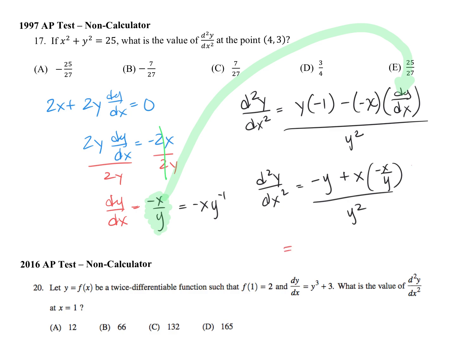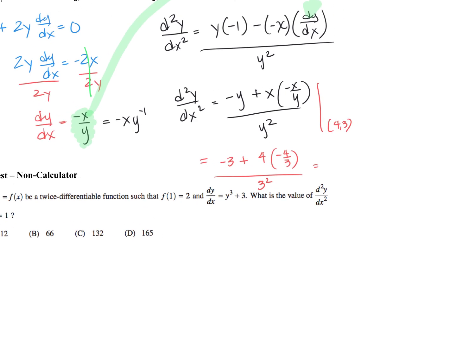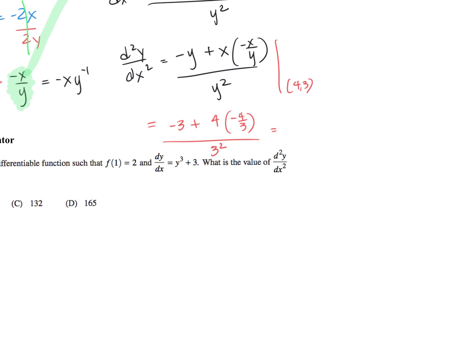Then I'm going to plug in the point (4, 3). I'm going to get a negative 3 plus my x is 4 times, like Lobley said, a negative 4/3, over my y squared, which would be 9. This is multiple choice, so we have to simplify it. I'd say I get negative 3 minus 16/3 over 9.